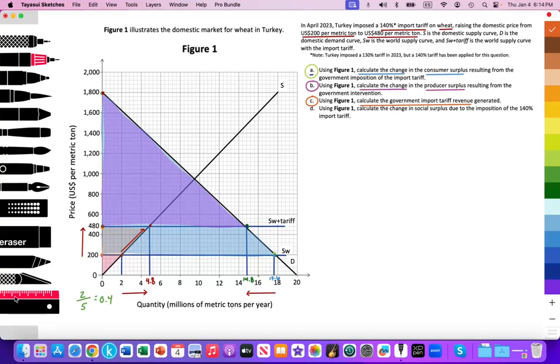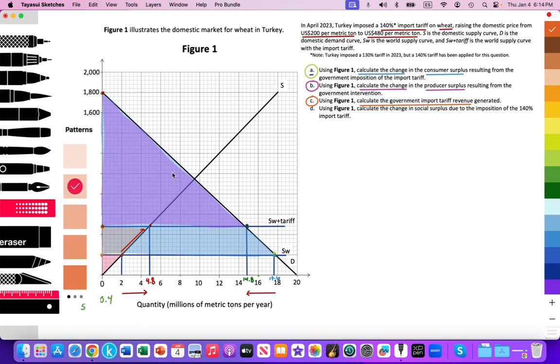Okay, so let's tackle this. First, let's identify where is the tariff revenue. So the tariff is the value of the tariff. The price has gone up from $204.80, so it's $280 per metric ton of wheat imports multiplied by the quantity of what's being imported.